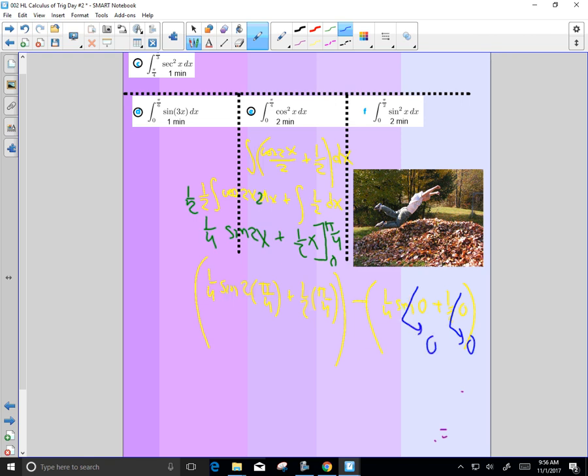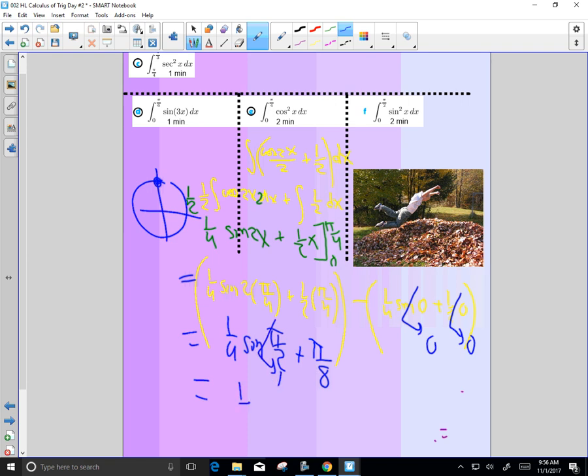And what's the sine of pi over 2? Think unit circle, sine pi over 2. What's that? 1, yep. So this is going to be 1/4 plus pi over 8. That's what that answer is going to be.